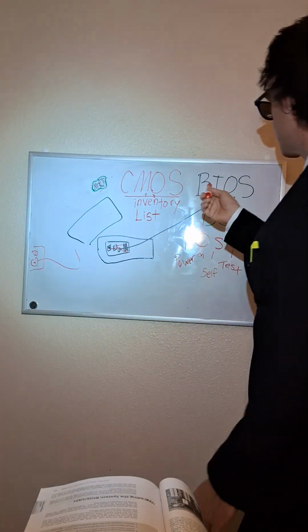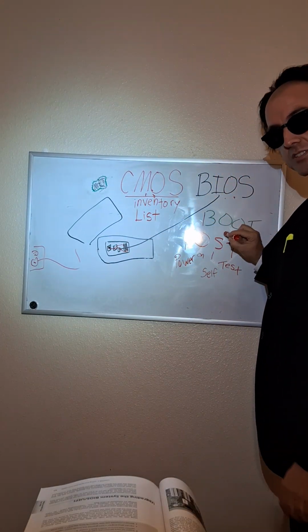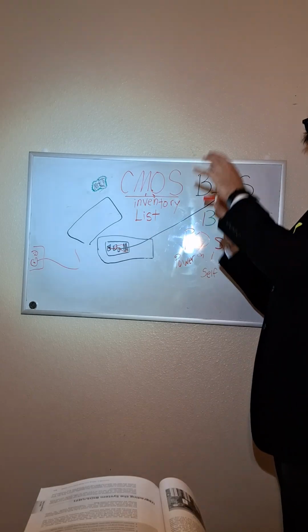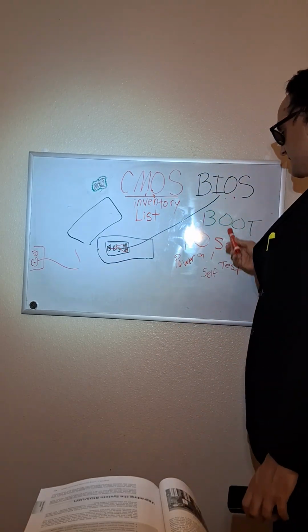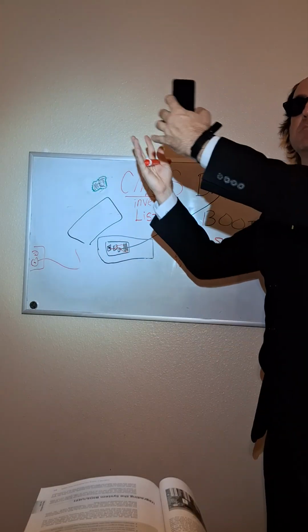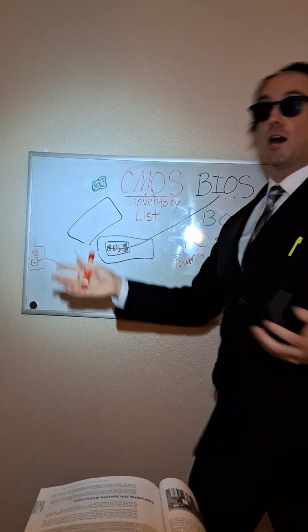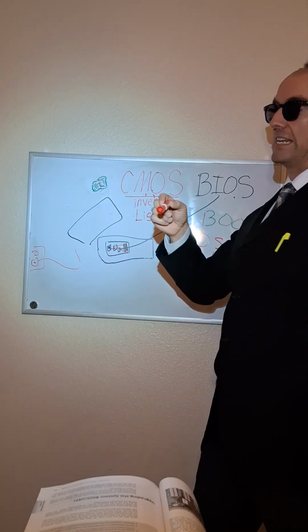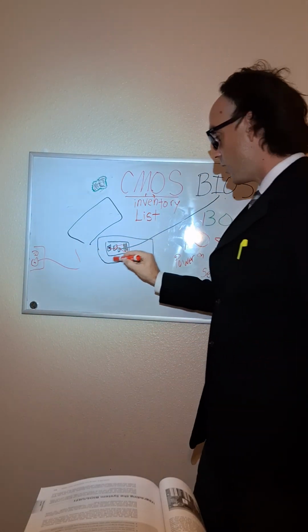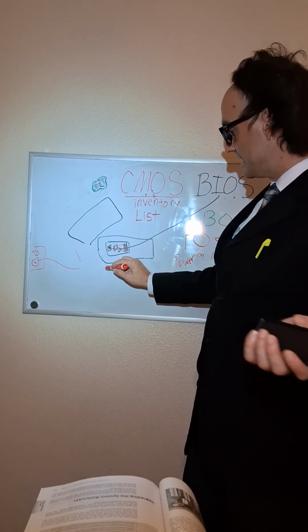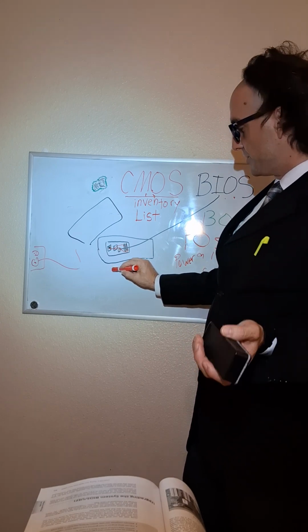POST. That's what the BIOS does. Power on. It powers on. It wakes up. Right? We turn the computer on, and it has this boot. It boots the computer. It launches the operating system, so we can access the GUI, the graphical user interface, which basically is what most people see in modern computers.